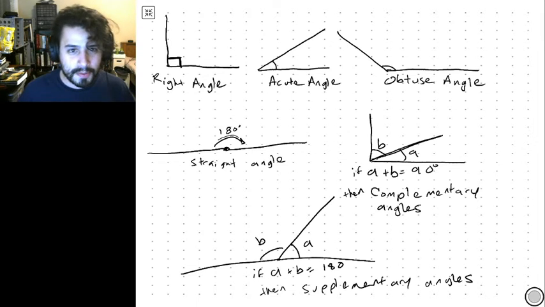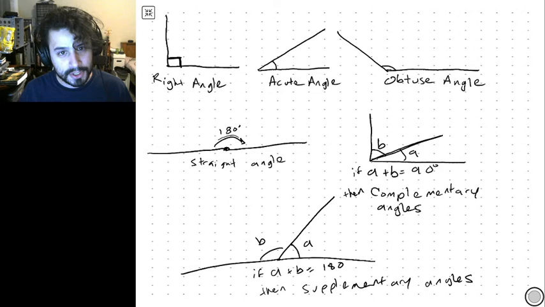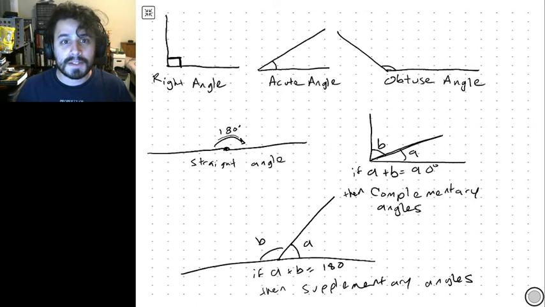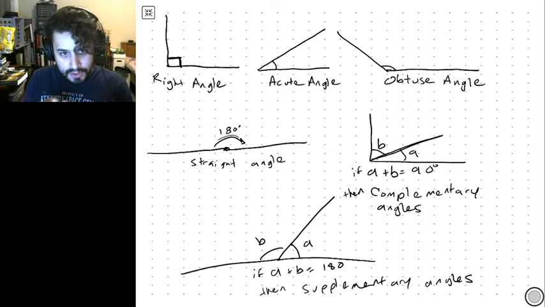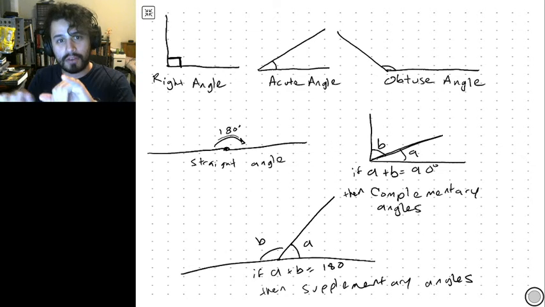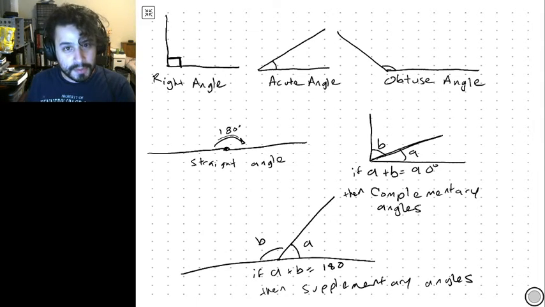There are different mnemonic devices out there to help you remember the difference between complementary and supplementary. But I guess the way you can think about it is if you're complementing someone, you and someone are working together for a bigger goal. And if you're supplementing someone, then someone's already pretty big, and you're just helping them out a little bit.